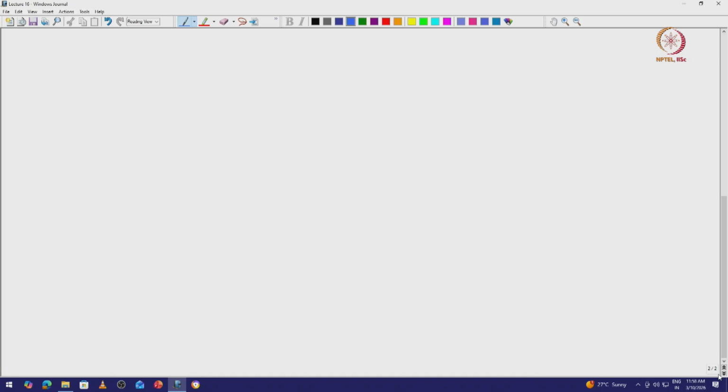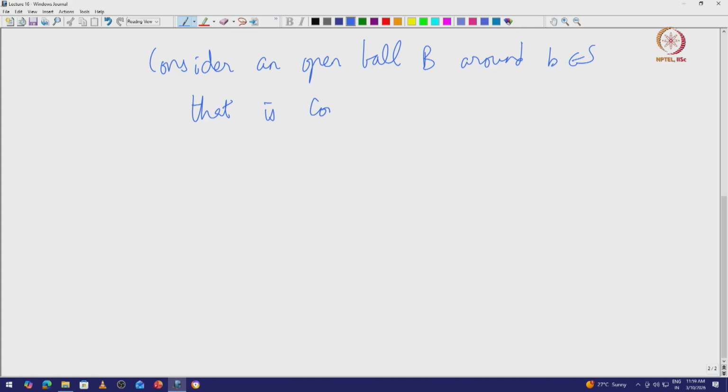There are other ways to do this, play the same game, but this is the cleanest, and it illustrates a useful way to use the hypothesis of continuity. So consider an open ball around some point that is contained in U. U is an open set.